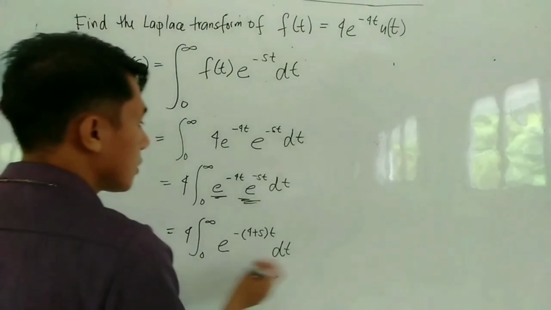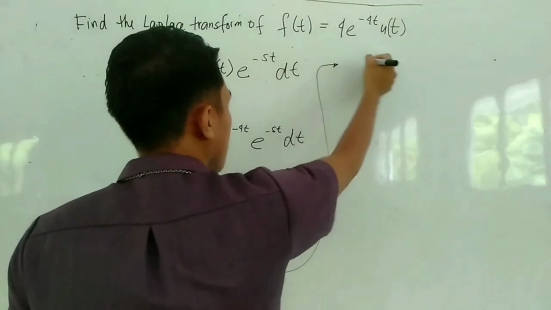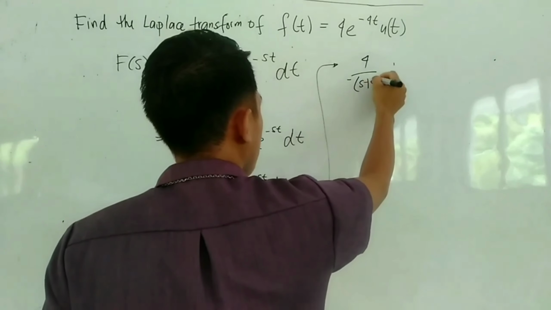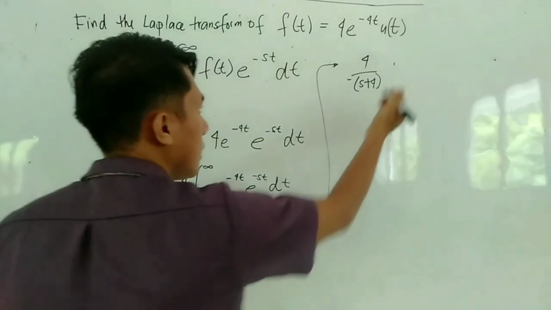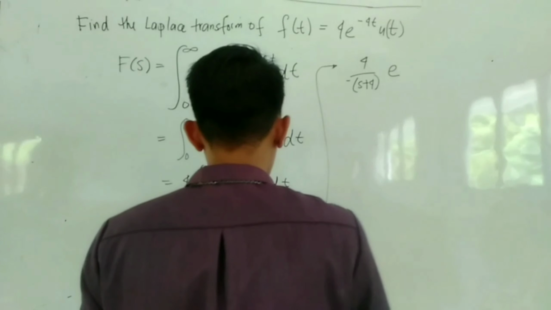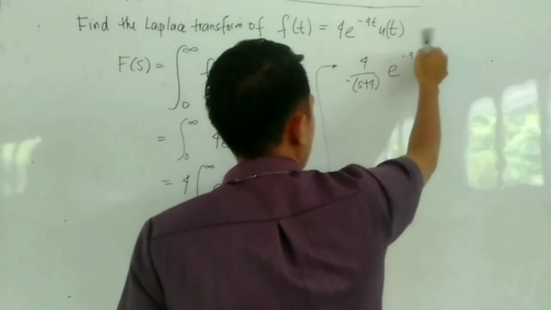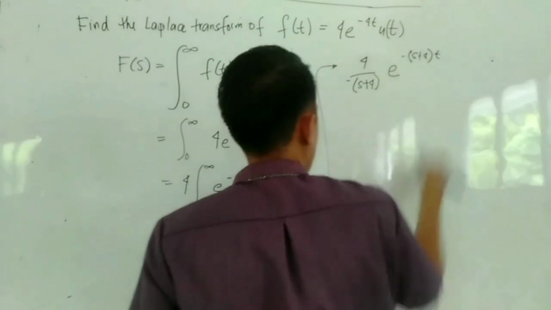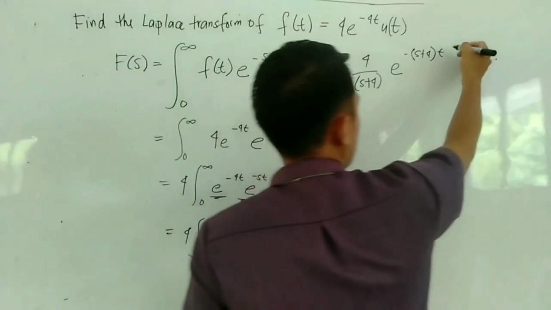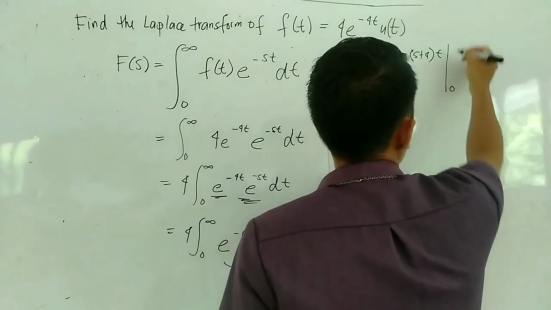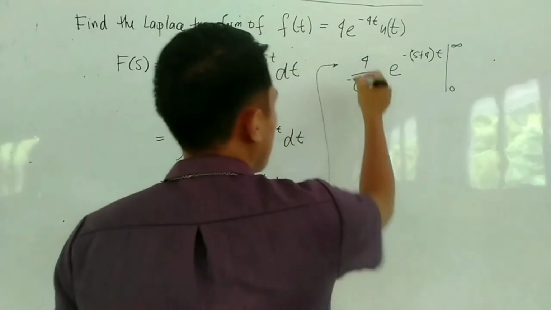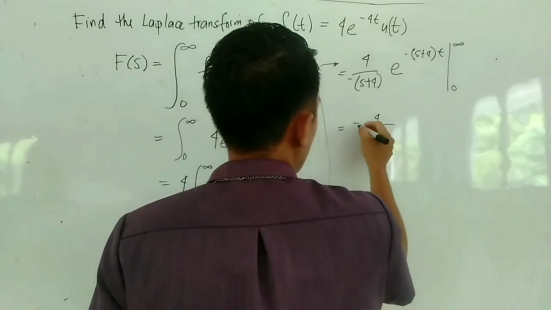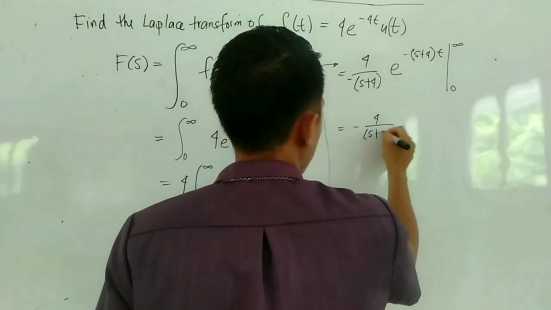So this one we have 4 over negative s plus 4, the same as this one, for t, negative s plus 4 t, evaluated from 0 to infinity. So we have negative 4 over s plus 4.